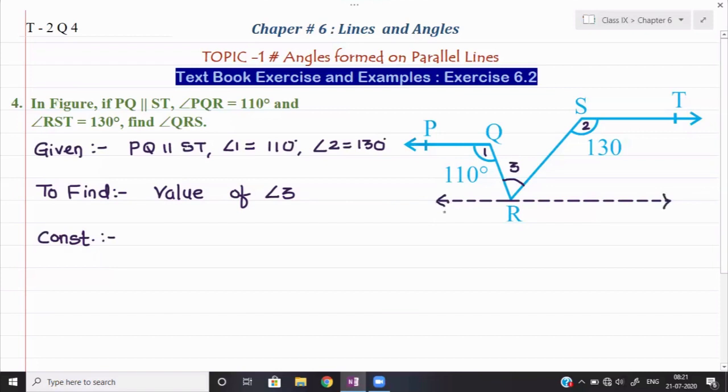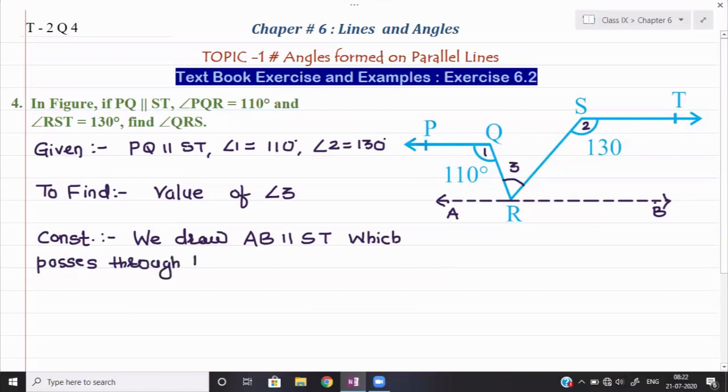For example, one endpoint as A and another endpoint as B. So here we have A, R, B. We can say that AB is parallel to the line ST and passes through point R. So we draw AB parallel to ST, which passes through R.